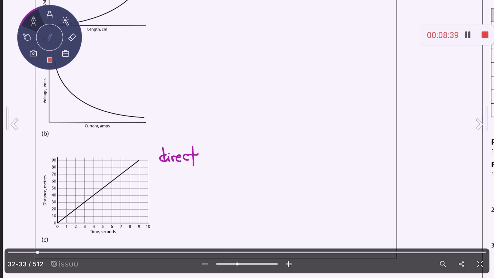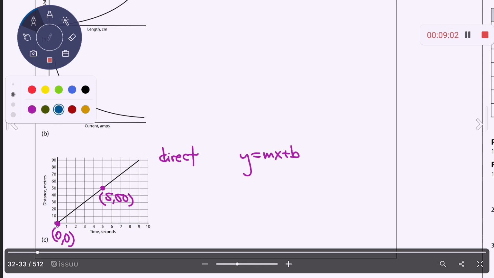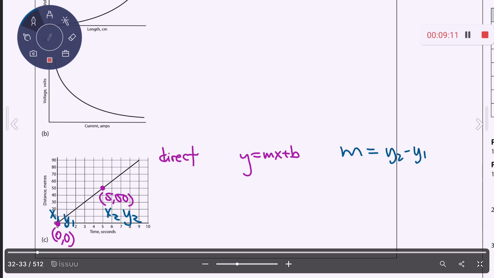Okay, now for this set of practice problems, when it's a direct relationship, they want you to write down the equation of the line. So that means that they want you to write y equals mx plus b, which is something that I would expect you to be able to do. So if I pick 2 points on the line, I have 0, 0 here, and then I've got this point, which is 5, 50, okay? If I label these as x1, y1, x2, y2, my slope, which is y2 minus y1 over x2 minus x1, is going to be 50 minus 0 over 5 minus 0.